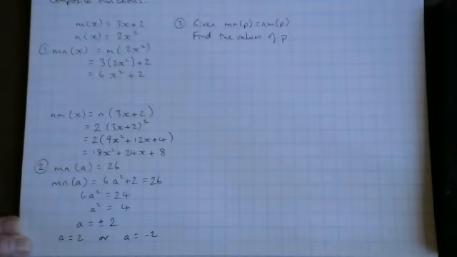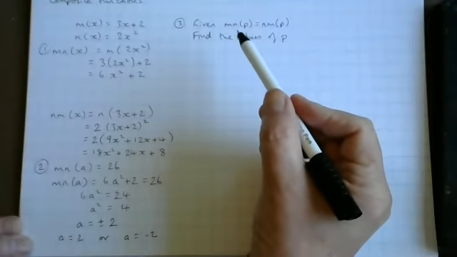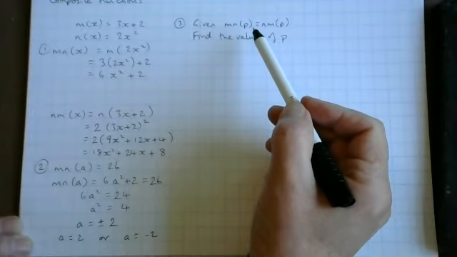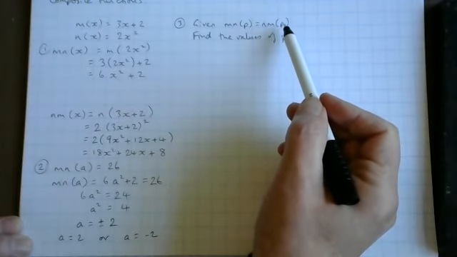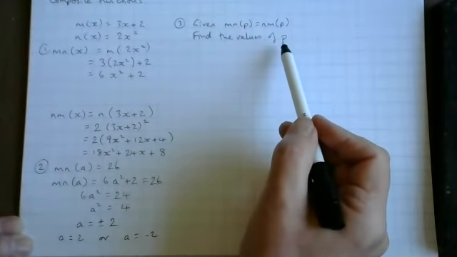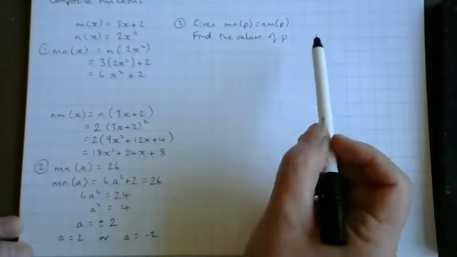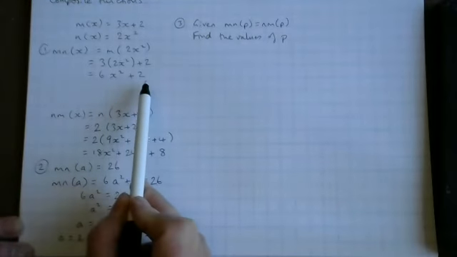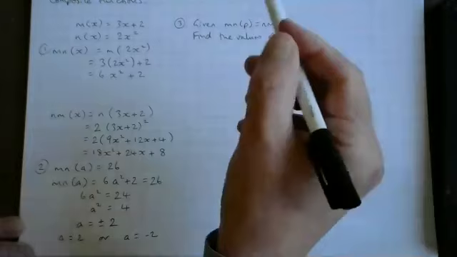Okay, now we've got number 3 here. This is much harder. Given mn of p equals nm of p, find the values of p. Well, we know what mn of p is, just putting p into this equation here. So we'll do that first.